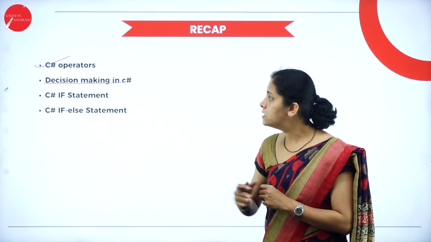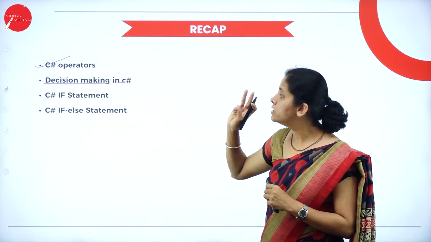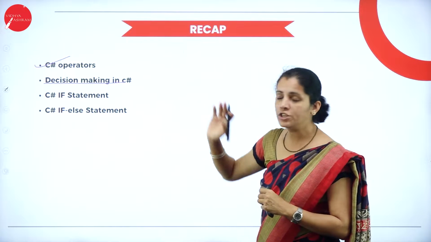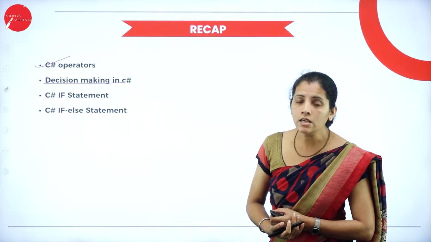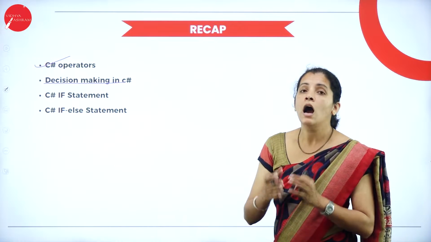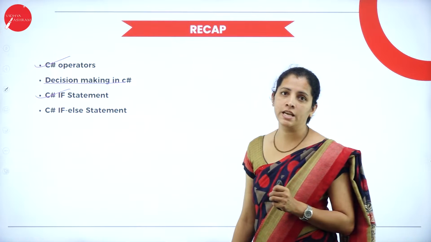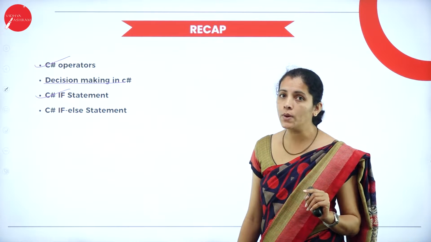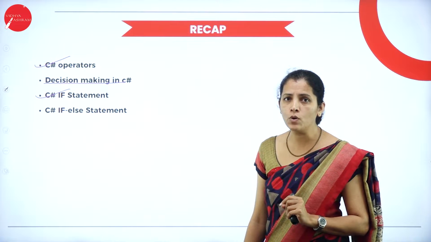In that, we have two different types of decision making, that is selection along with iteration. Under selection, I discussed the C# if statement along with the syntax as well as flowchart as well as example program.